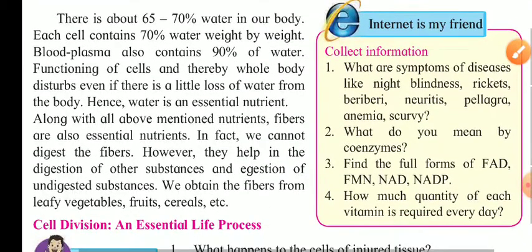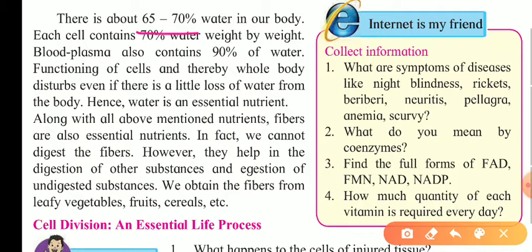Next, the human body is made up of 65 to 70% water. Each cell contains almost 70% water by weight, and blood plasma contains 90% water. This means the entire body has a huge amount of water present.